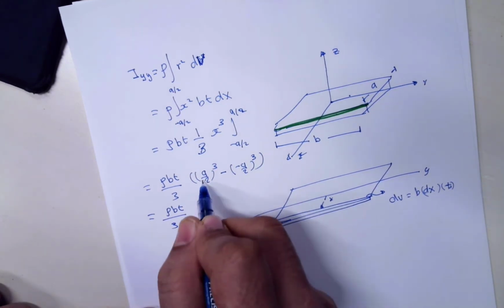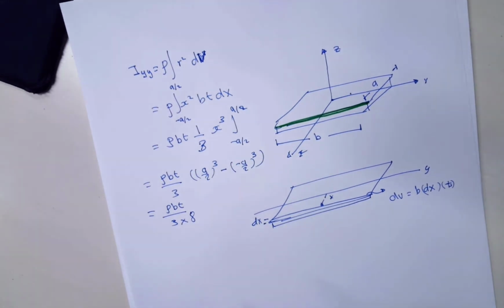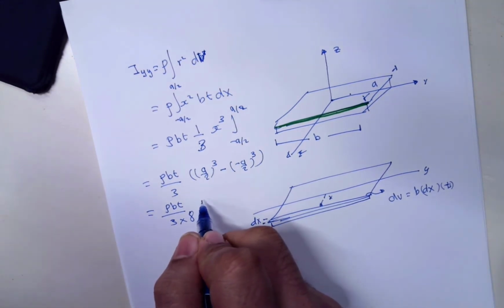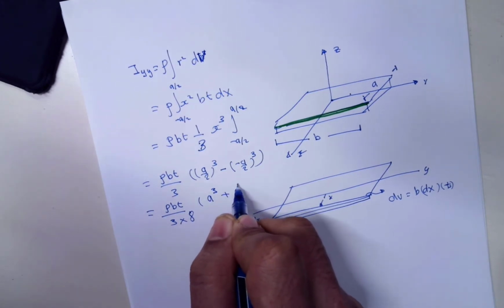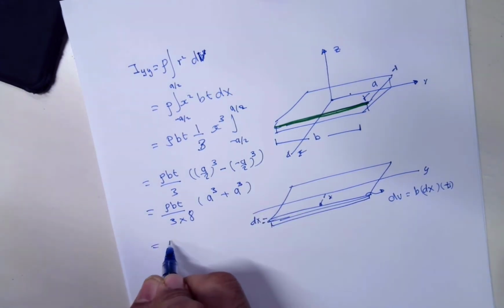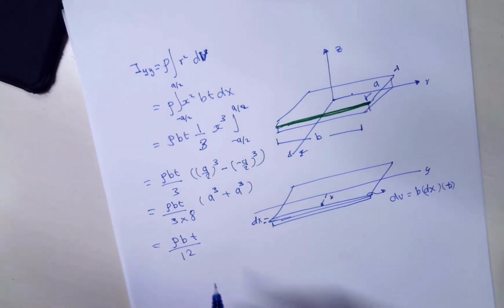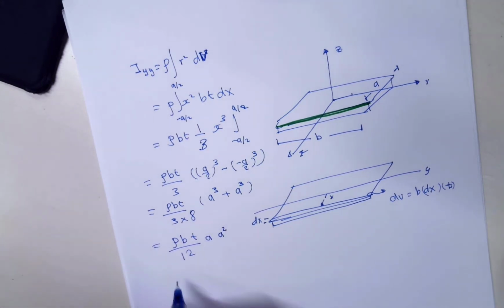Now this is 8, that becomes a to the power 3 plus a to the power 3, rho b t over 12 a squared.